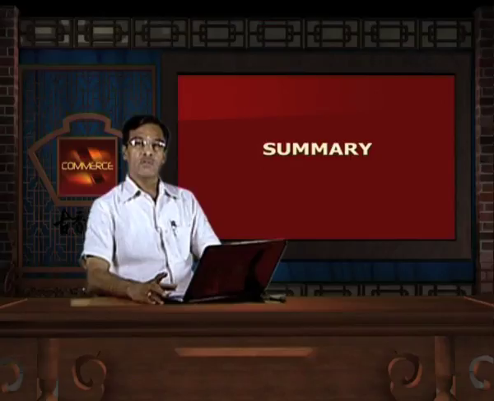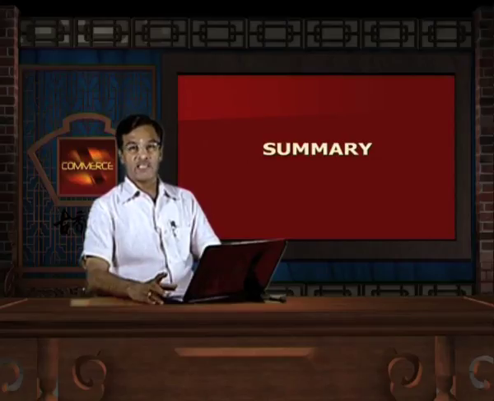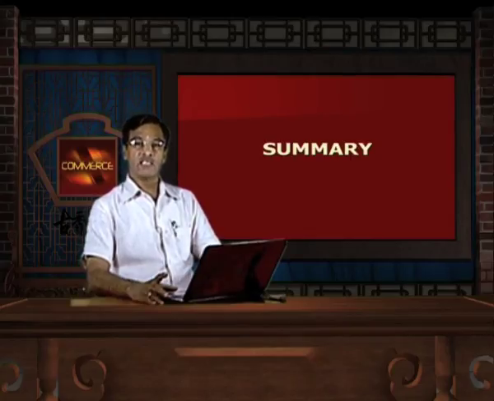Hello viewers, today in this part of the program I have explained to you compound interest. Compound interest is a very important part of business mathematics. I have explained the generation of the formula for calculating interest, that is, the interest calculated by simple interest on the amount generated after every period of time.